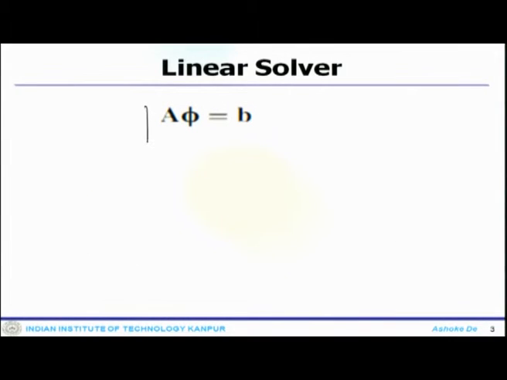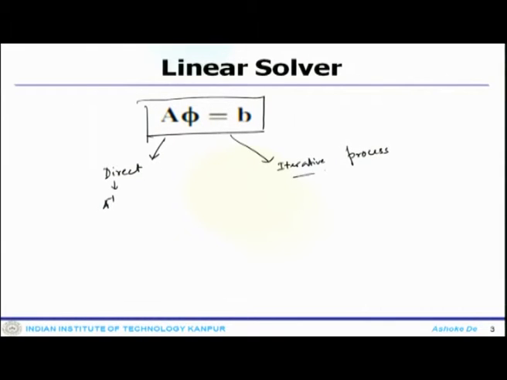So, when you have this big linear system, one option, as we said, is the direct option where you get the direct A inverse, the other option is the iterative process. And what you do in the iterative process is you get some error function which is going to be b minus A phi, and try to minimize this error and go close to the solution of phi. So, that is how you get it.